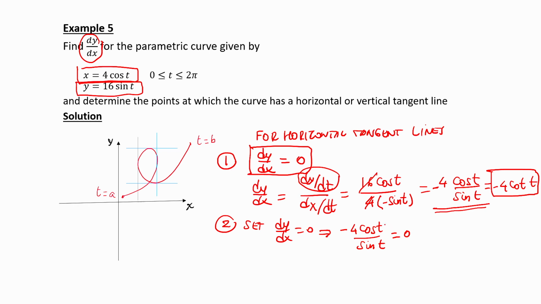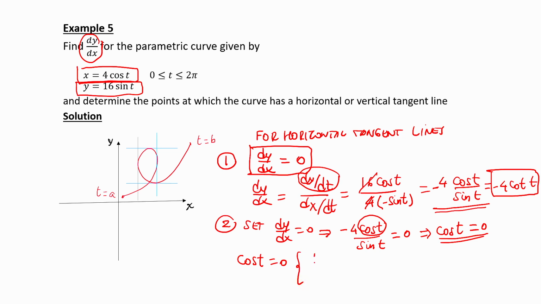So from here, we conclude that cosine of t must be 0. If the numerator is 0, then the whole fraction is equal to 0, as long as the denominator is not 0. So the conclusion from here is that cosine of t equals 0. Now we need to solve these small trigonometric equations. So cosine of t equals 0.